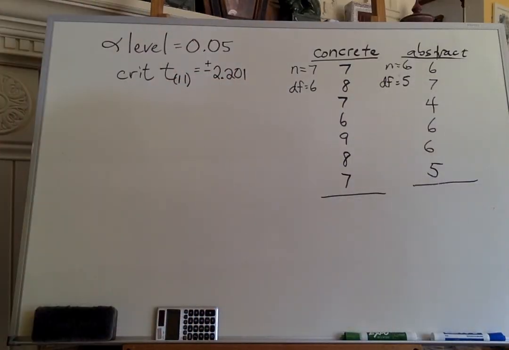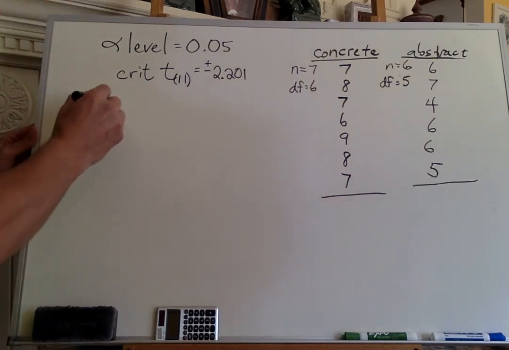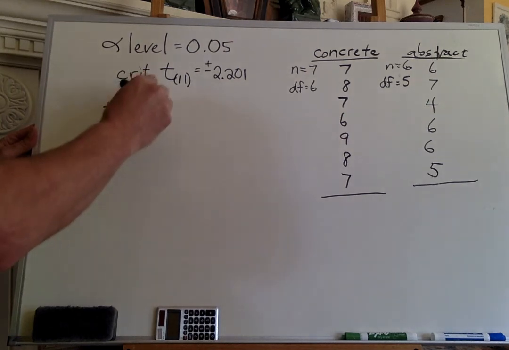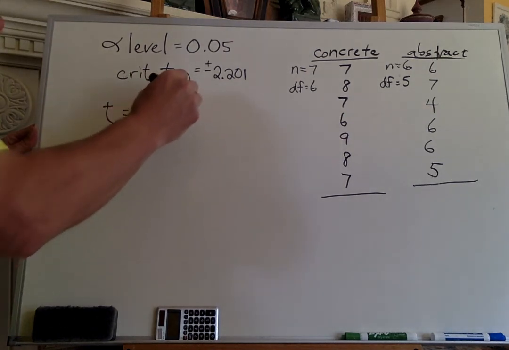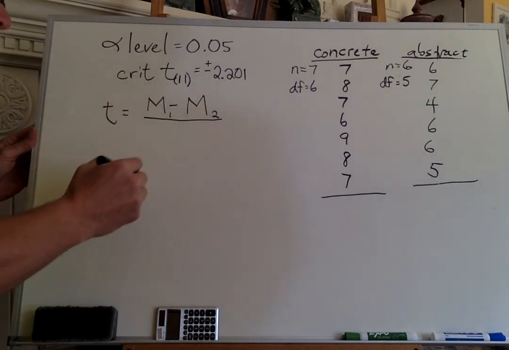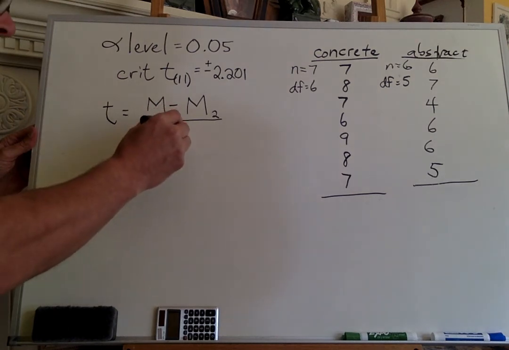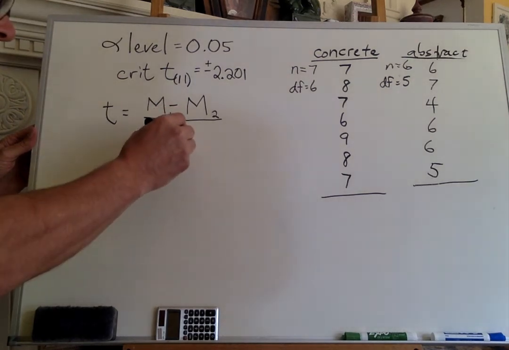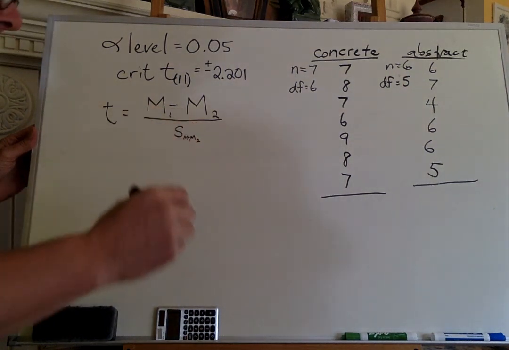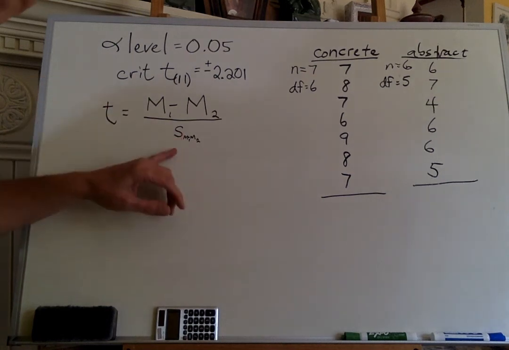Okay, so now we can start this way. Our t-value is going to be the mean for the first group minus the mean for the second group. We're going to divide that by S sub M1 minus M2. We'll get to that in a minute.